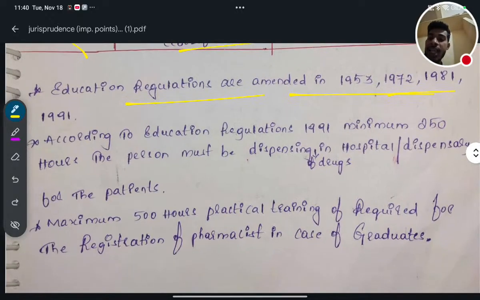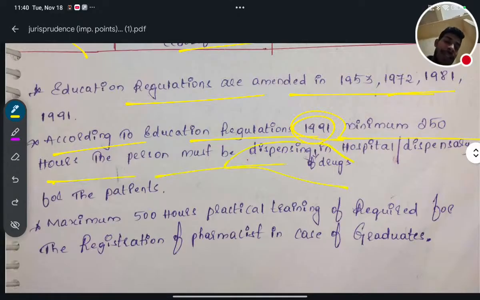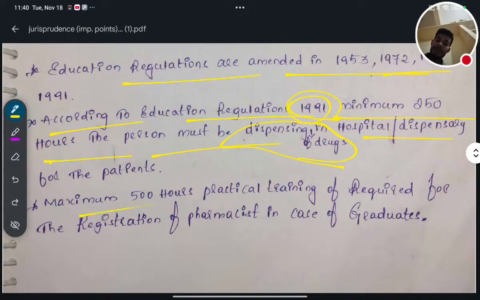Okay. Next, according to the education regulation of 1991, a minimum of 250 hours the person must be dispensing drugs in a hospital or dispensary for patients, and a maximum of 500 hours of practical training is required for the registration of pharmacists in the case of graduates.